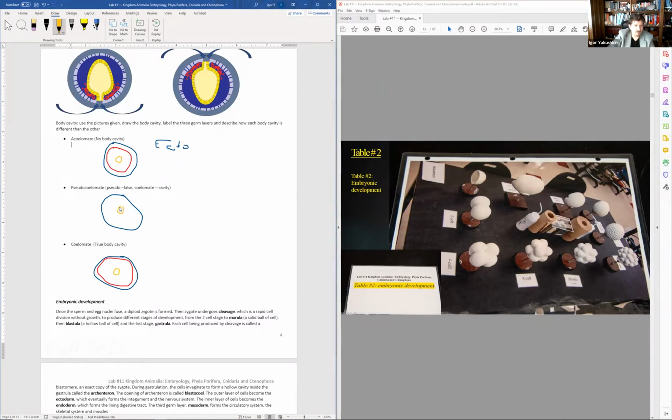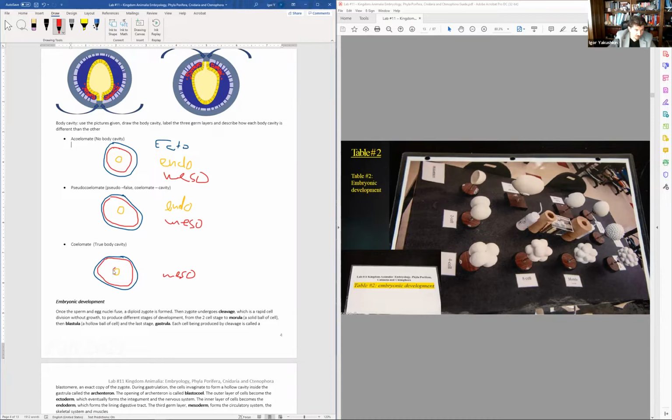So the beginning is pretty much the same, almost. So that would be endo, and then that one would be a meso. What's the difference between all of those?